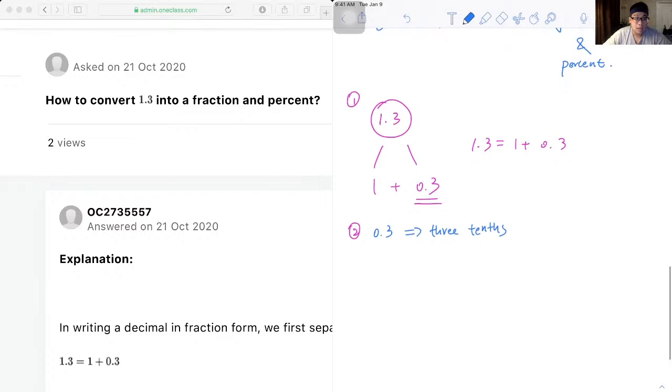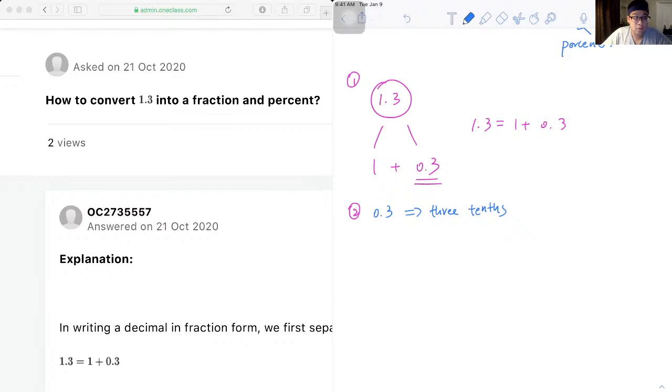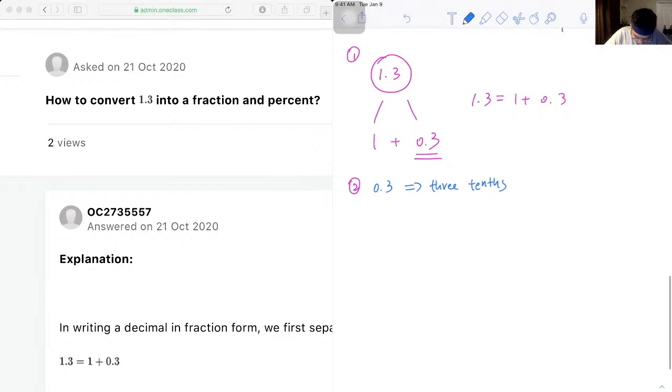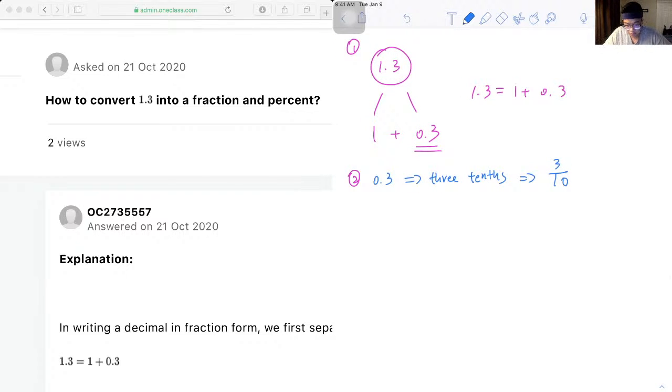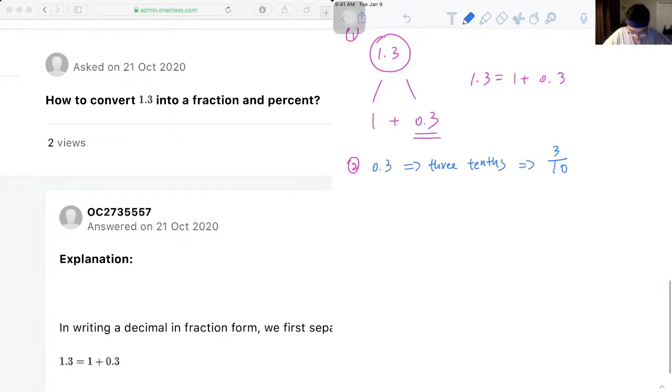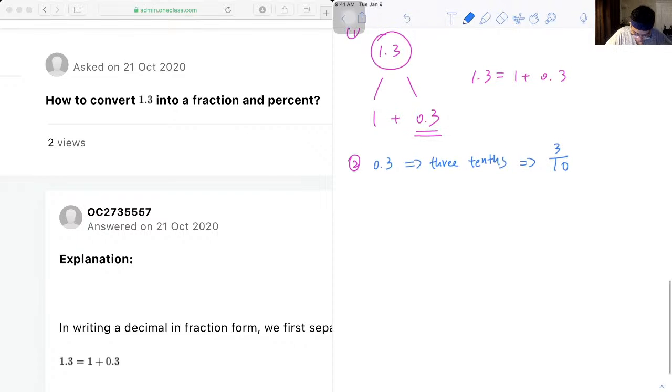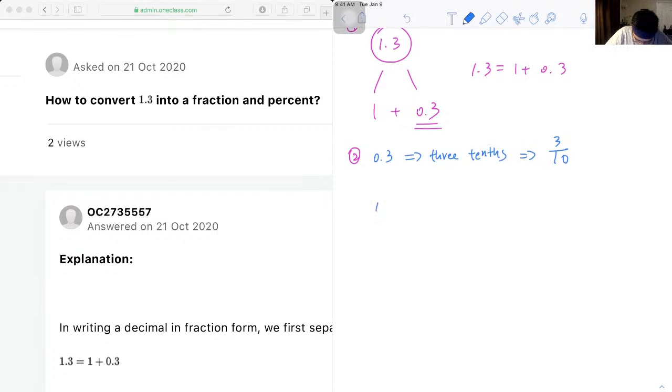Okay, and since its place value is in tenths, or we say 0.1, 0.3 is just equal to 3/10. So say you have a cake and you cut it into 10 pieces, and then you only take 3 pieces out of them. Okay, so 0.3 is equal to 3/10. So the original equation can be written as 1.3 is equal to 1 plus 3/10.